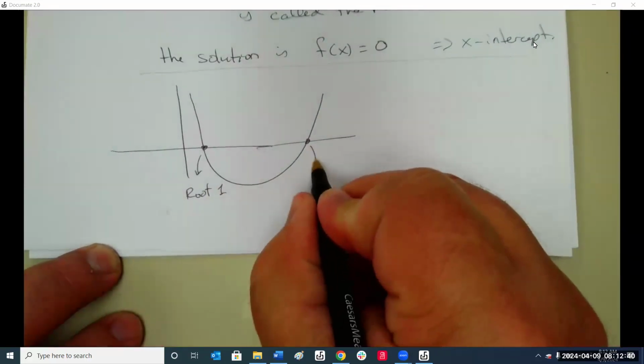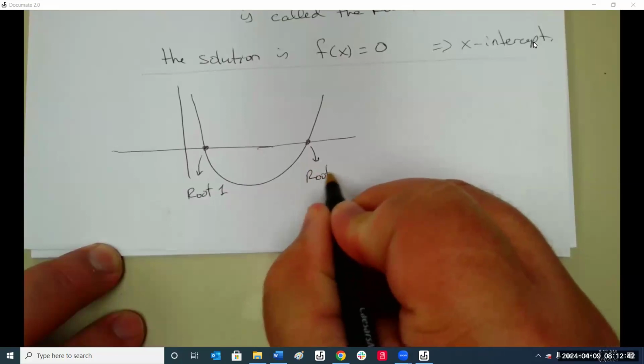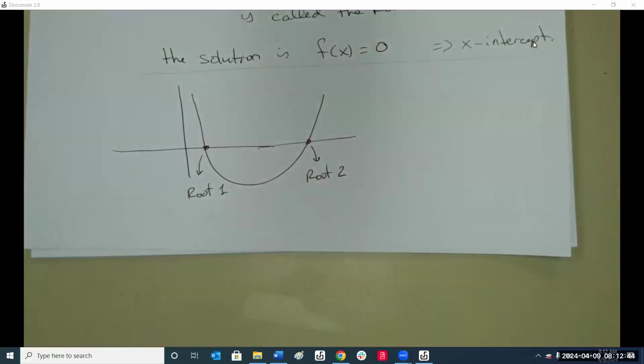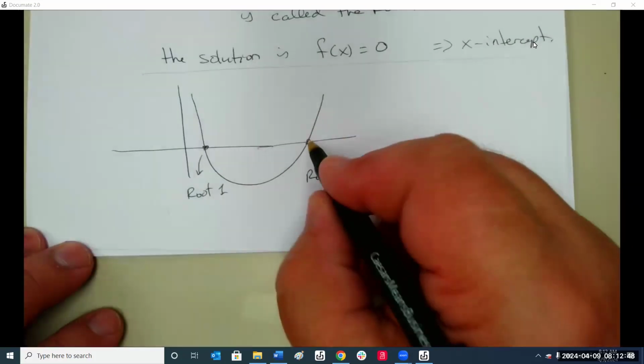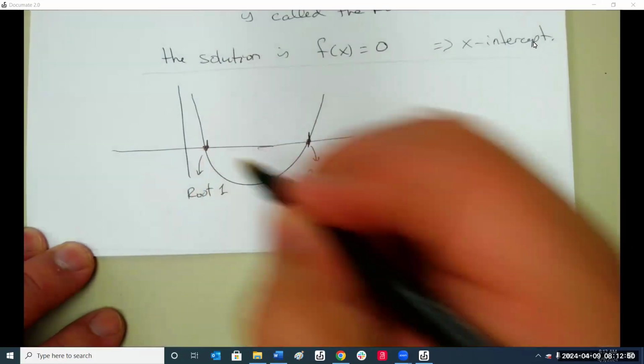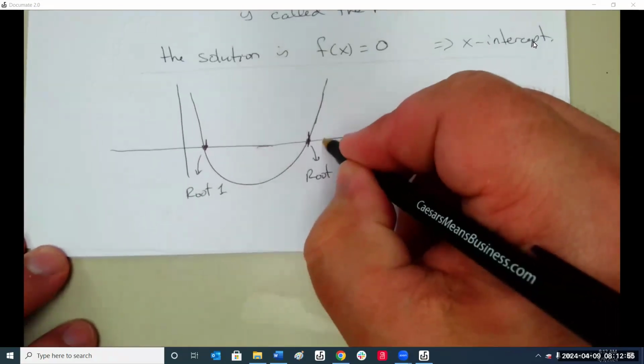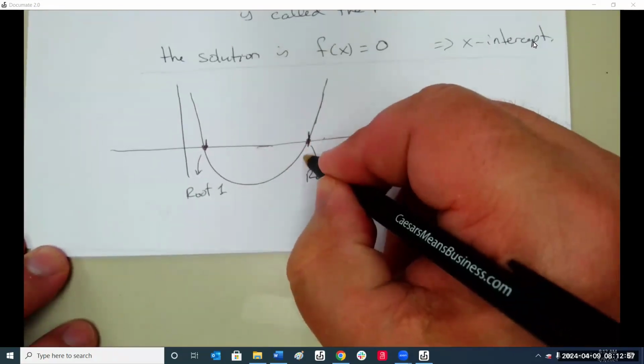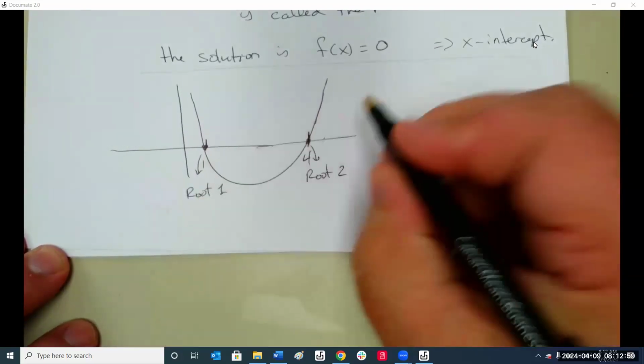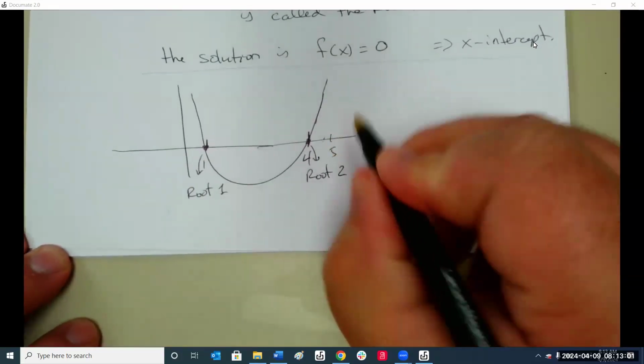There's root number 1 and root number 2. This is how we do it. These are the x values that are x-intercepts. So we pick a value somewhere that's not those. Let's say this is 4 and this is 1. Let's say I pick 5.